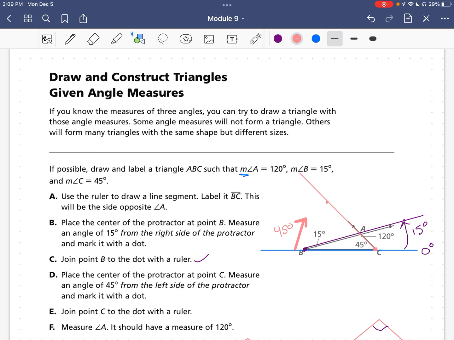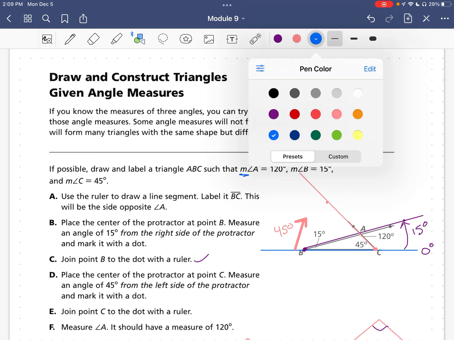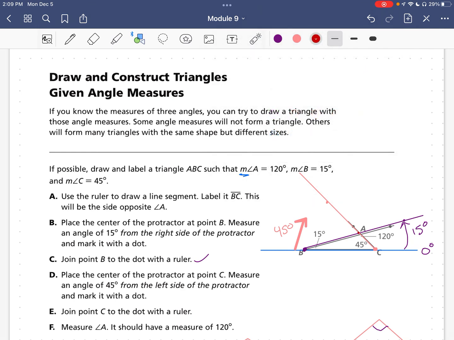And the point where they intersect, right here, we're going to make our little triangle. So if you have an eraser, you can go through and erase all this extra stuff here. We don't need any of this. And there's your nice pretty triangle.